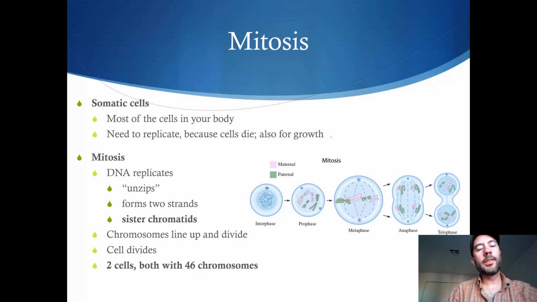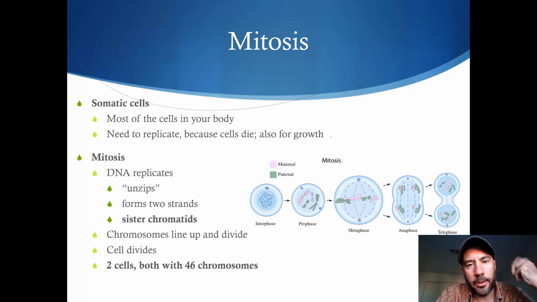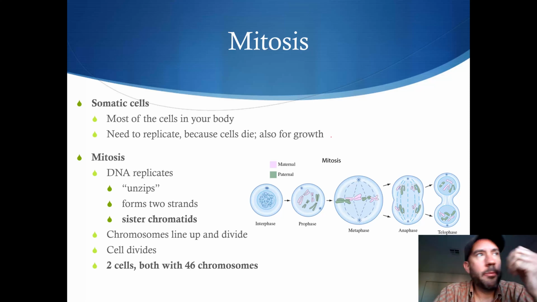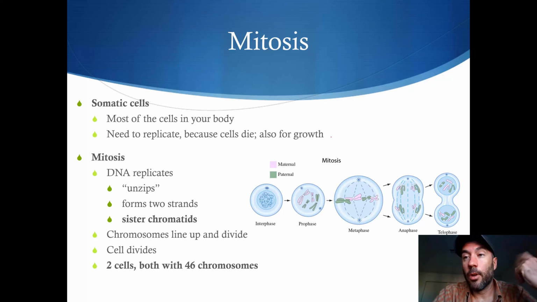Okay, so most of the cells in your body are called somatic cells, aside from your reproductive cells, like your sperm and your eggs. And those cells need to replicate, right? Because cells die and because people grow.